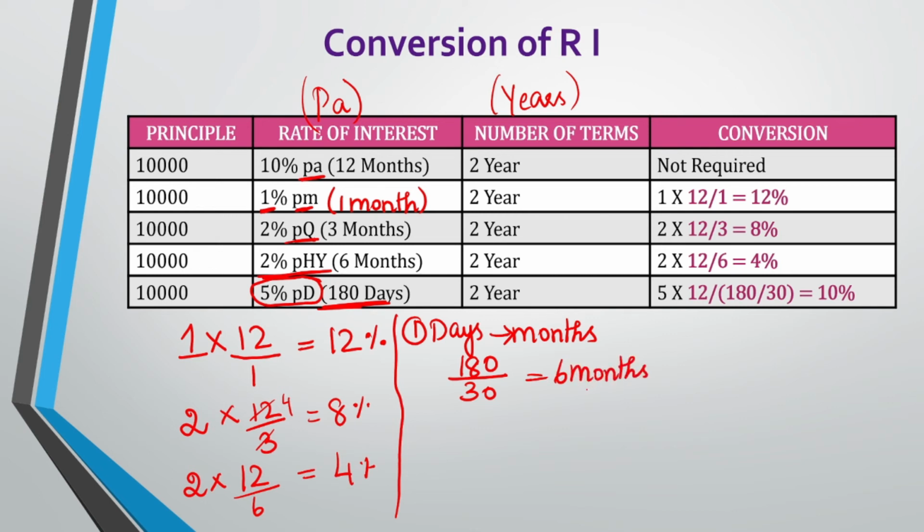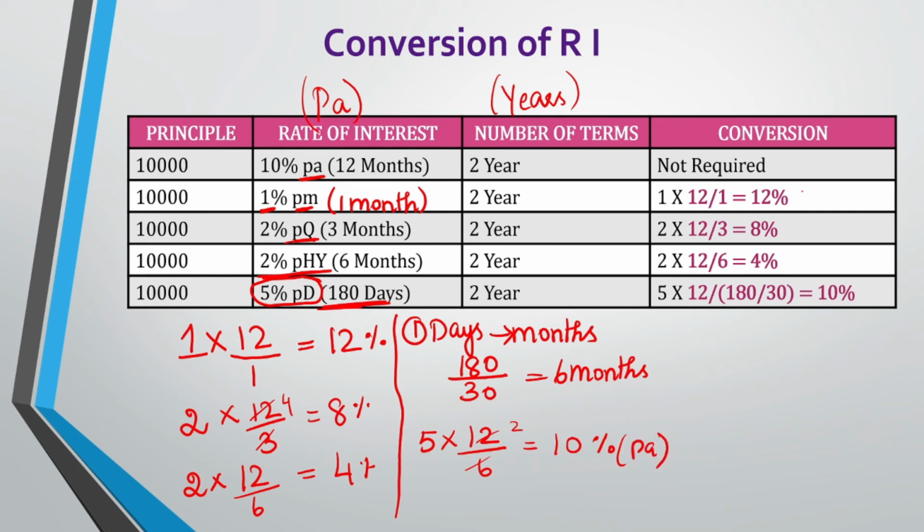So now we could use the same method that we used for the other cases, which is nothing but we have to write the rate first, which is 5%, 5 multiplied by 12, which is the number of months in a year, divided by 6. When you solve it, you get 10% per annum.